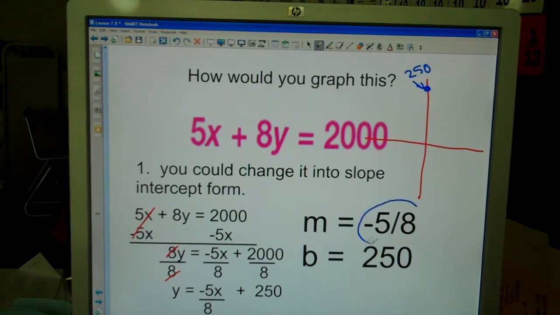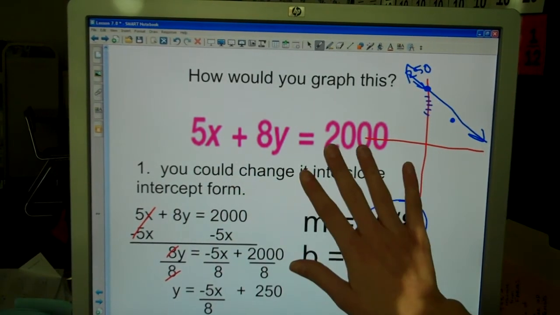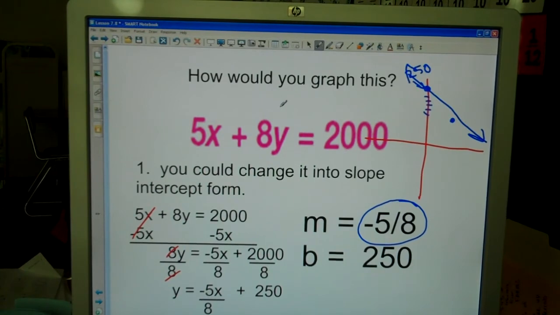What does my slope tell me? It tells me rise over run. I have to go down 5 and over 8. I'm going to say that's going to be somewhere over here. And there's my line. Not pretty at all. I totally missed that point. But I could graph it by changing the standard form into slope-intercept form.